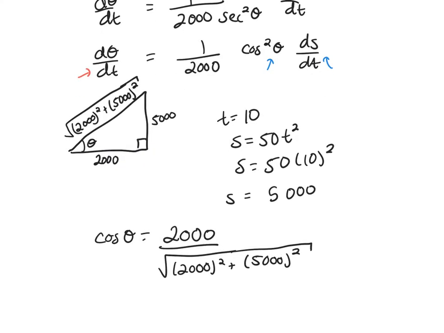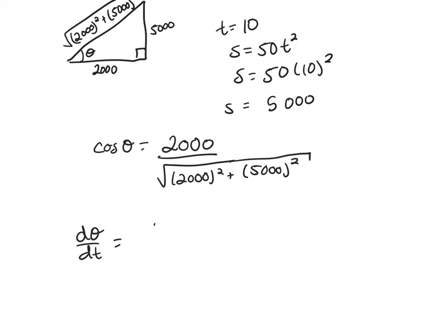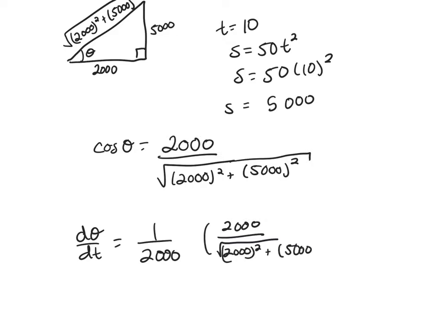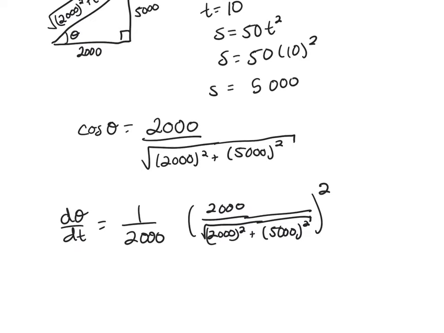And now I know cosine theta, so I can go back to my d theta/dt equation. It was 1 over 2,000 times 2,000 over the square root, squared, since it was cosine squared, times ds/dt. What was ds/dt? It was 1,000.